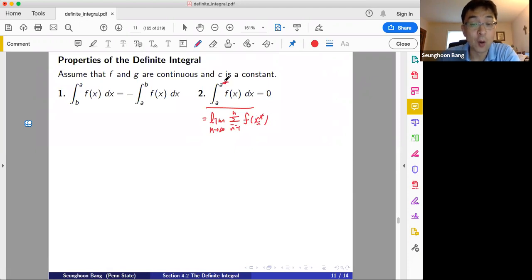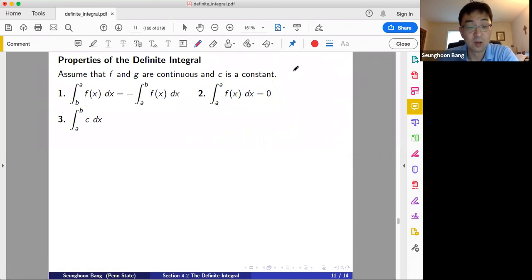Always upper limit minus lower limit over n, and this is 0. 0 times f of x star is 0. The summation of 0 is 0, and the limit of 0 is 0. That's it. When the upper limit is the same as the lower limit, the answer is always 0.